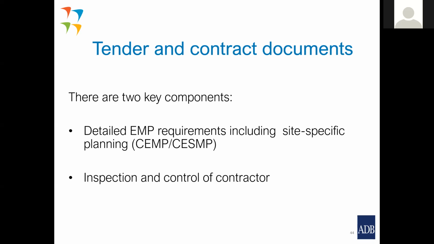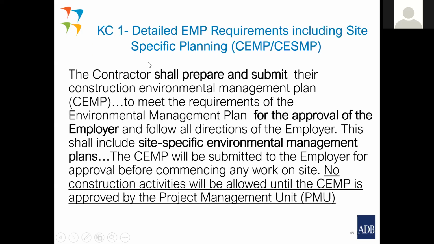So looking at key component one, detailed EMP requirements, including site-specific planning. Here's a potential clause in a contract. The contractor shall prepare and submit their construction environmental management plan to meet the requirements of the environmental management plan for the approval of the employer and follow all directions of the employer.